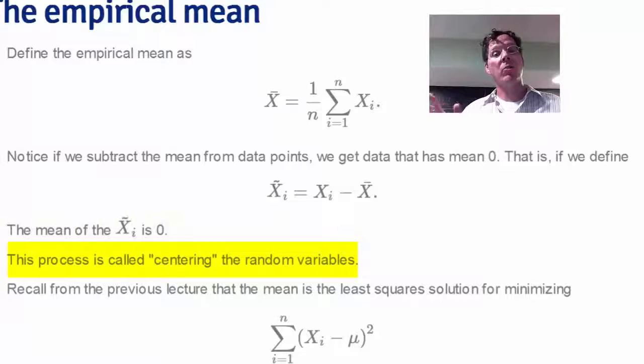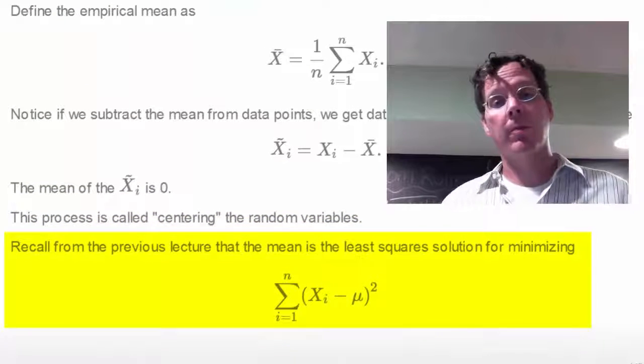This process is called centering the random variables. And you can check it empirically by simply generating a bunch of vectors, subtracting the mean from each element of the vector, and taking the mean of the new vector, and you'll see that it's always 0.